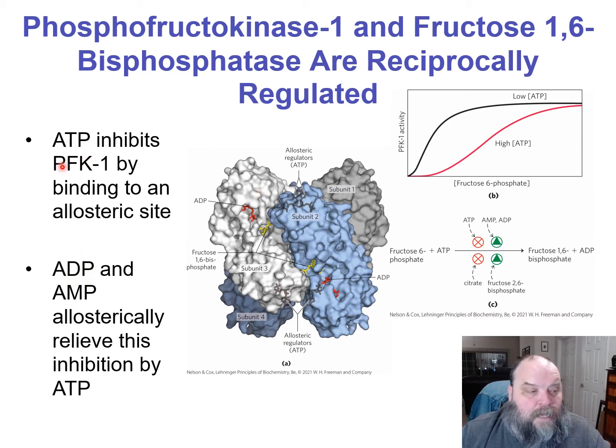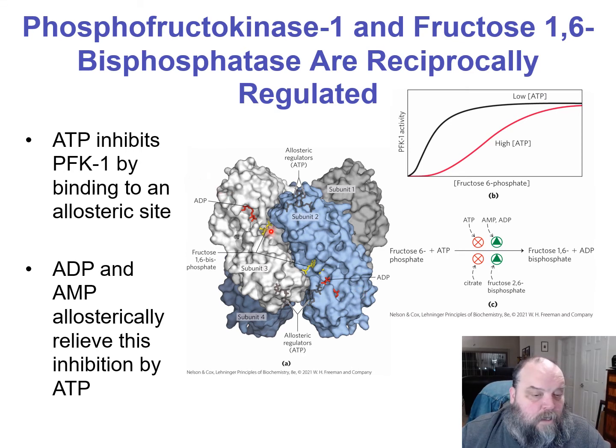If you still have some ATP there and it's not high levels, but it's still interfering, turns out ADP, a diphosphate, and AMP, a monophosphate, push. They counter the allosteric inhibition effects of ATP, a triphosphate.